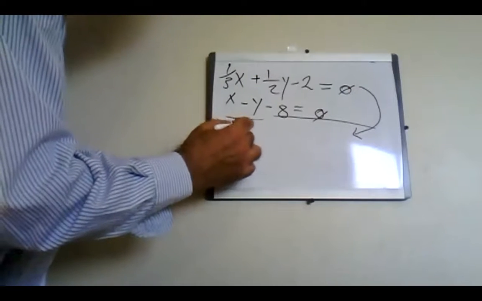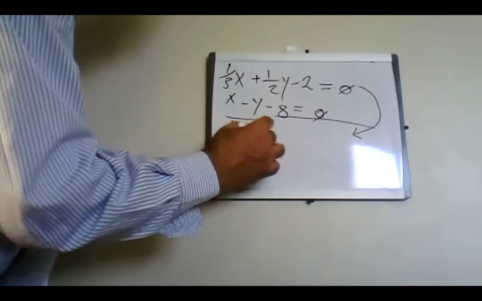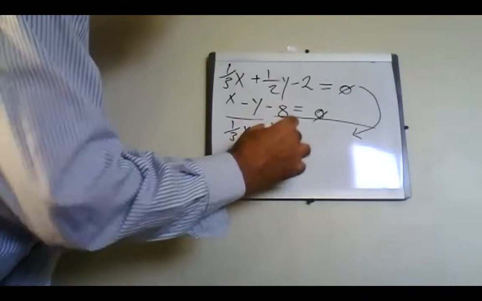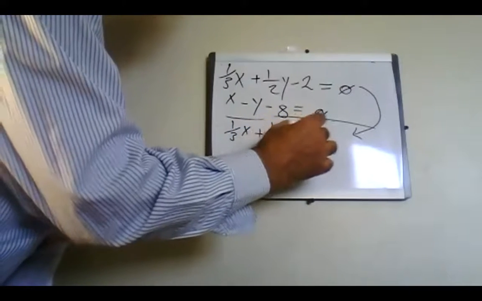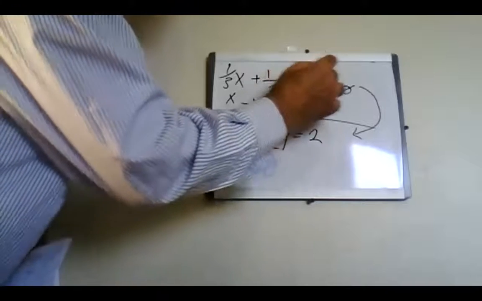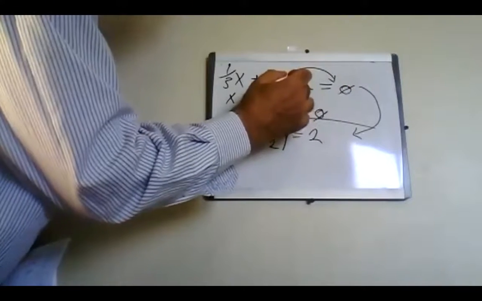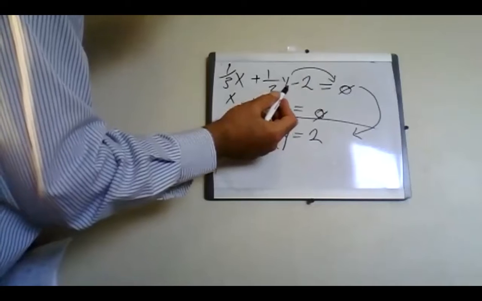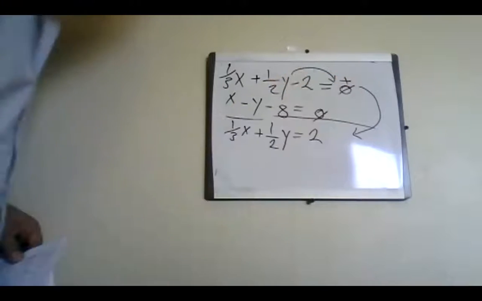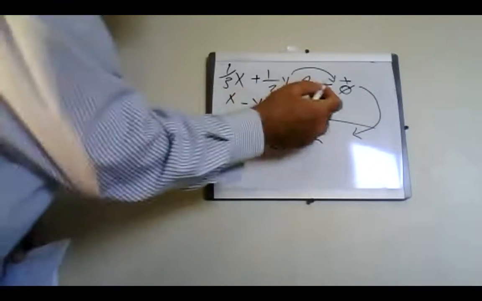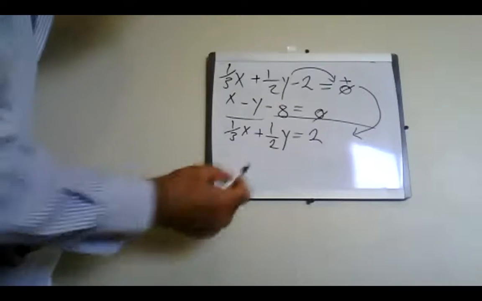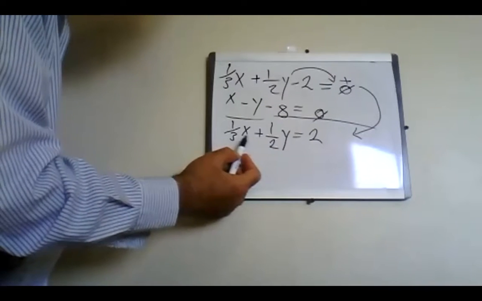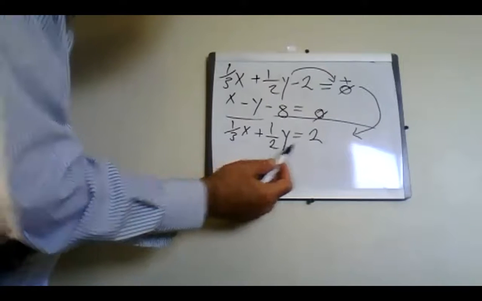Then it will be 1/3 x plus 1/2 y equals 2, because it was minus, and when you pass the equals sign, it becomes positive.